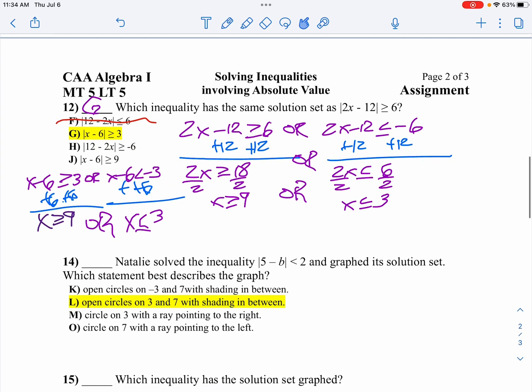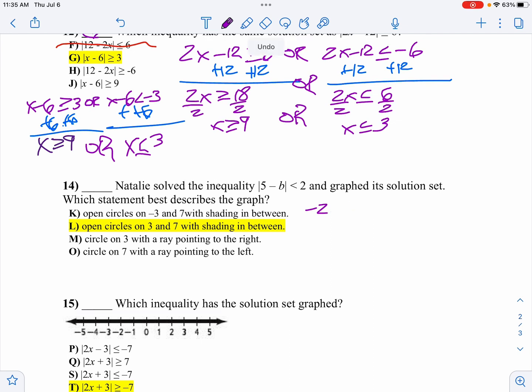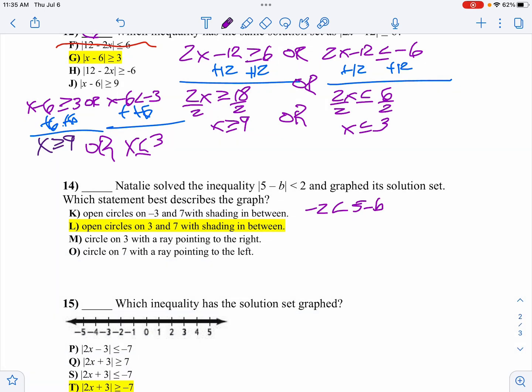Now if we take a look at number 14, which one of these is going to describe our inequality? Well, let's start here. Notice it's less than, so I know negative 2 is going to be less than 5 minus b, which is less than 2.